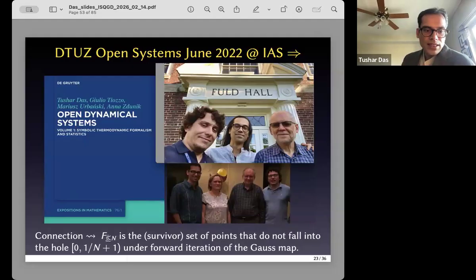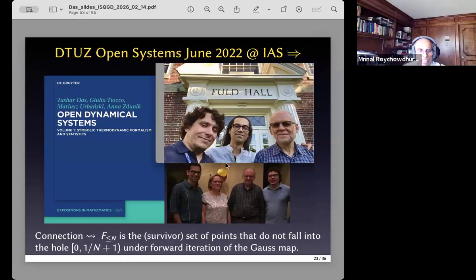This F less than or equal to n set is what's called a survivor set, of points that don't fall into a hole under forward iteration of the Gauss map. And this is a story that's ongoing. Volume 1 will be published in about a month, so I hope to report on that at a future iteration. Sorry for going over time.